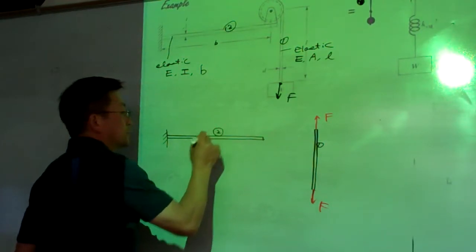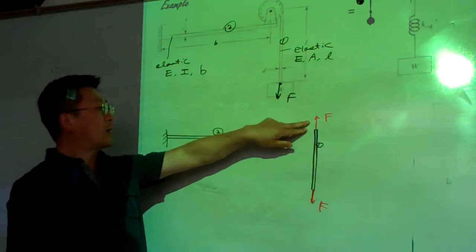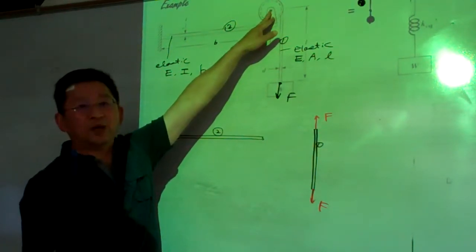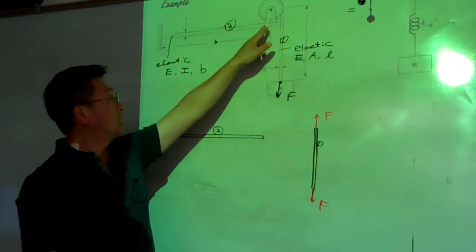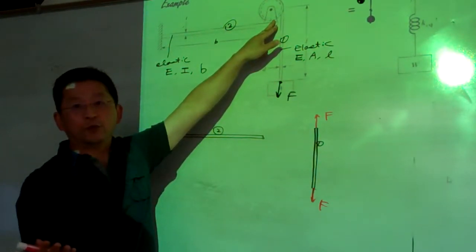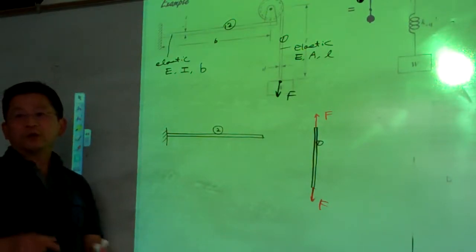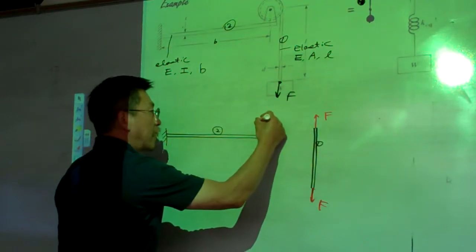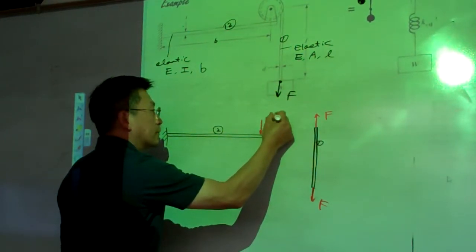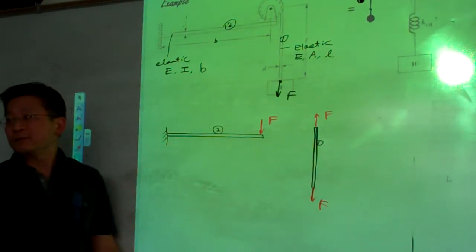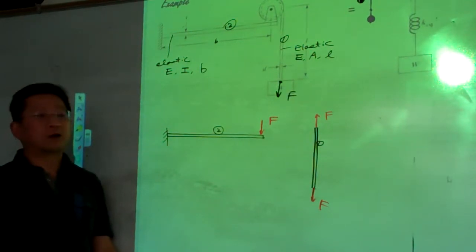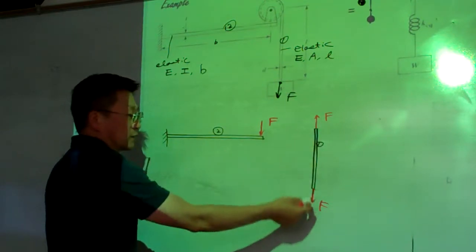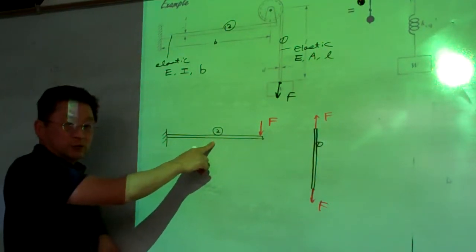Now I draw the free body diagram on the second portion. You can see this force is transmitted around the wire and then to the pin of the pulley, and then down to the base of the pulley support. It's a little more complicated, but roughly this force is equivalent to this one, action and reaction. So elastic object 1 has the same force as elastic object 2.